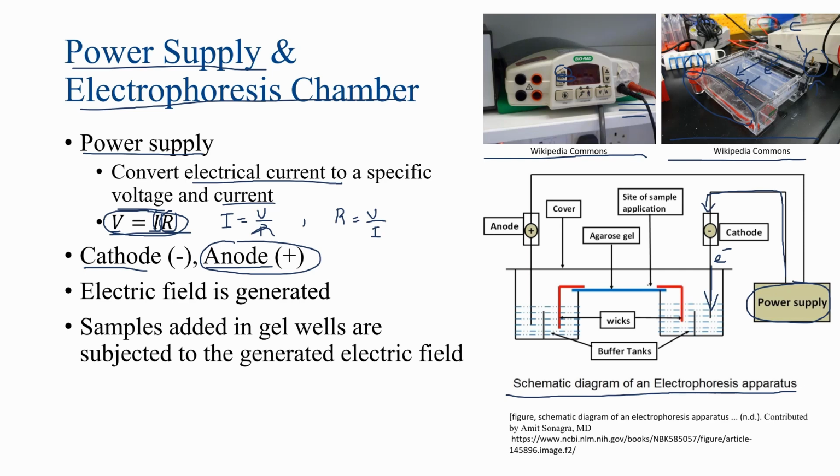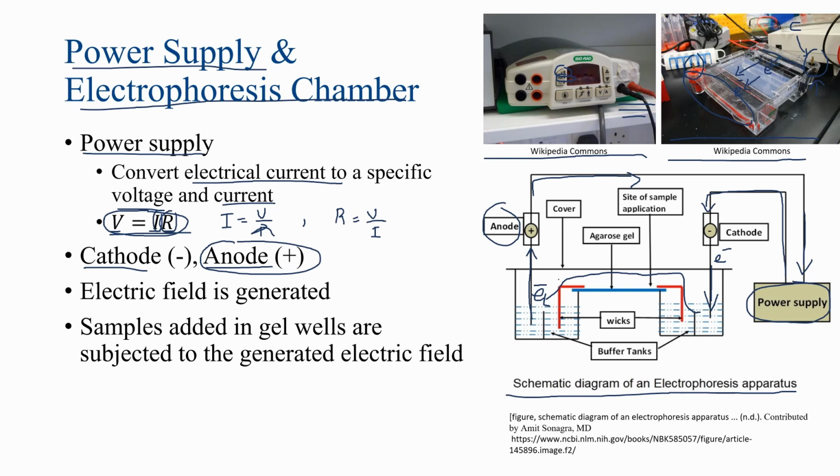And you can see also an anode here, and the anode is where the electrons will eventually enter and leave the buffer solution, eventually coming back to the power supply, and then you will have a full circuit that is allowing for the production of an electric field.